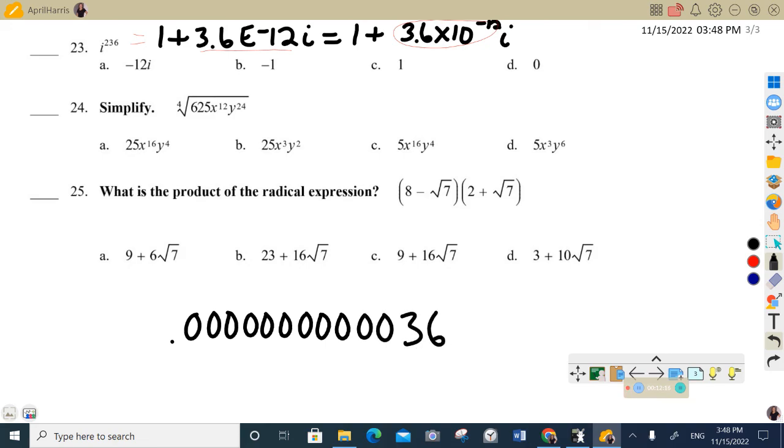That's what that number is, because you would take the decimal from here and move it back 1, 2, 3, 4, 5, 6, 7, 8, 9, 10, 11, 12 places.